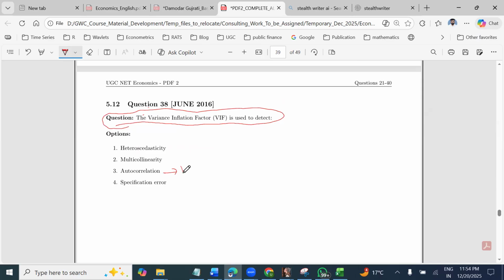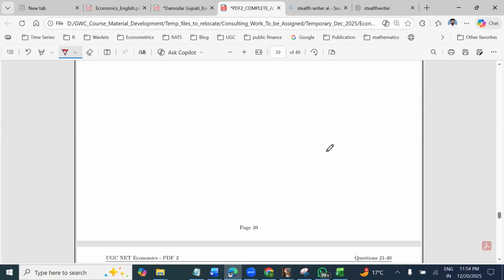Sangeeta? Heteroscedasticity, sir. So you are all guessing. Chinmay, what is it? Heteroscedasticity, sir, because Sangeeta is saying. No, sir. Okay, very good. So all of you have guessed heteroscedasticity.